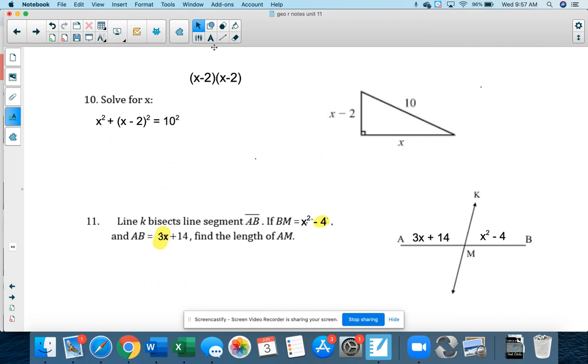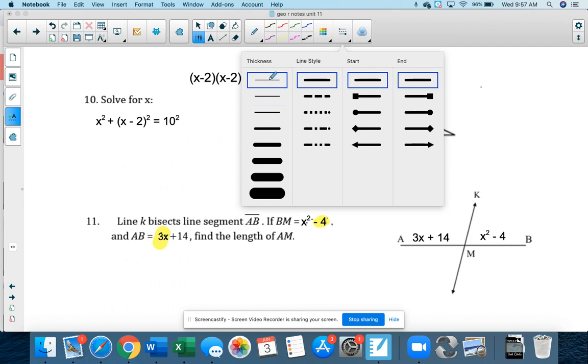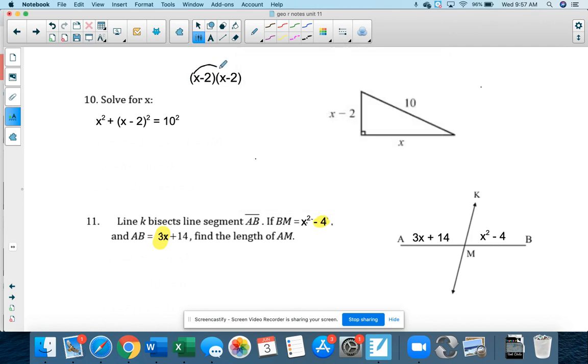But x minus 2 squared is technically x minus 2 times x minus 2. So I'm doing it right up here. I did it down here sort of in my head, but I'll show you up here what's really happening. So when you're multiplying this, I have x minus 2 times x minus 2. I have x times x is x squared. X times negative 2 is negative 2x.